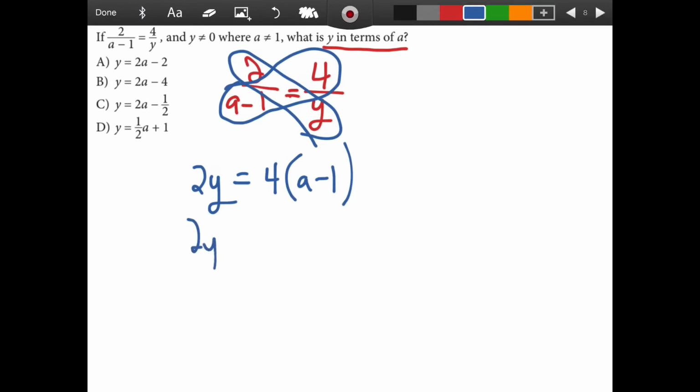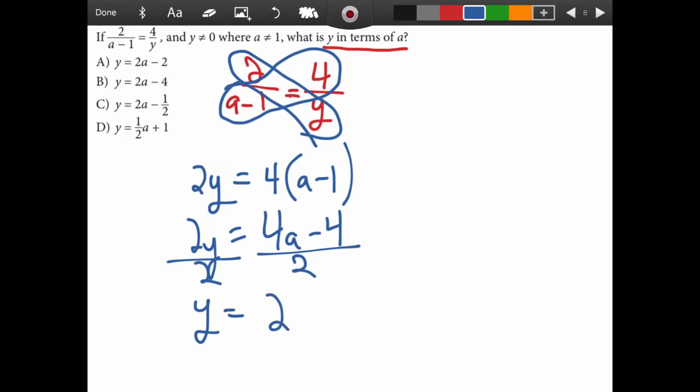So we have 2y equals, distribute the 4, 4a minus 4, and now to get y by itself, we'll divide by 2. We get y equals 2a minus 2. Thus making choice A the correct answer. So cross multiplying, very important skill to be able to do very quickly, to help us save a little time.